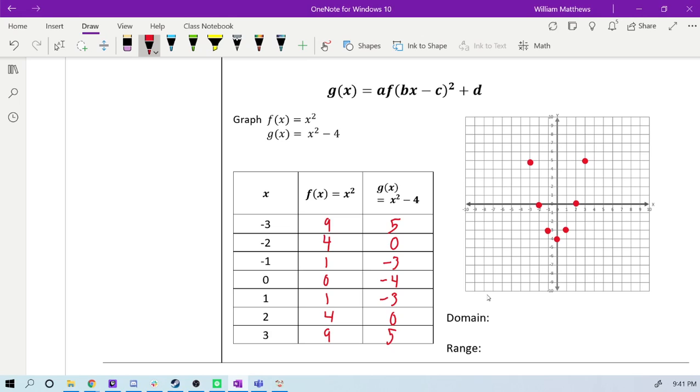Now, if we finish our function, because there is nothing saying that this is limited, it is continuous. So our new function, g of x, looks as such.